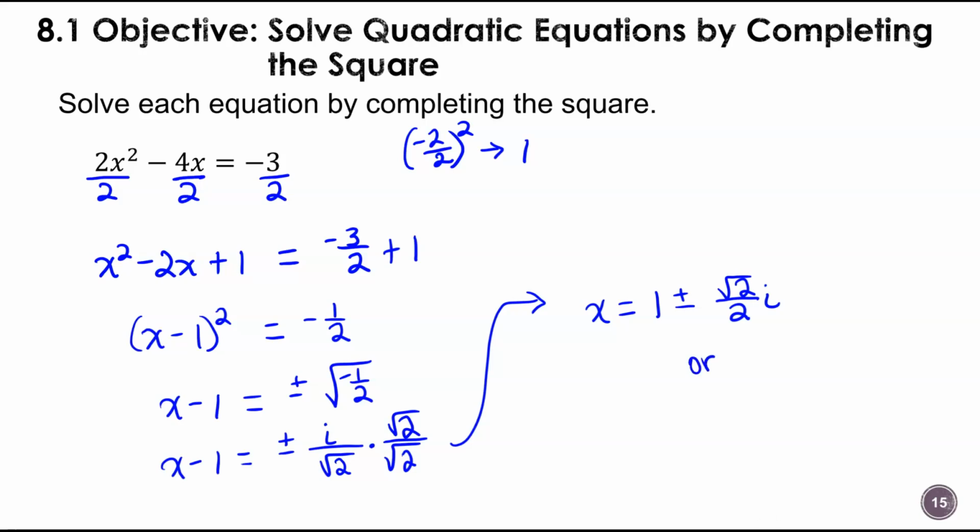Or you could write it as, because I think sometimes they do this in your textbook, if we wrote this with a common denominator, then it would be 2 plus or minus i radical 2 over 2. And that would just be making the 1 as 2 over 2. And that's what happened there. All right. So we're finished with this lesson on completing the square.